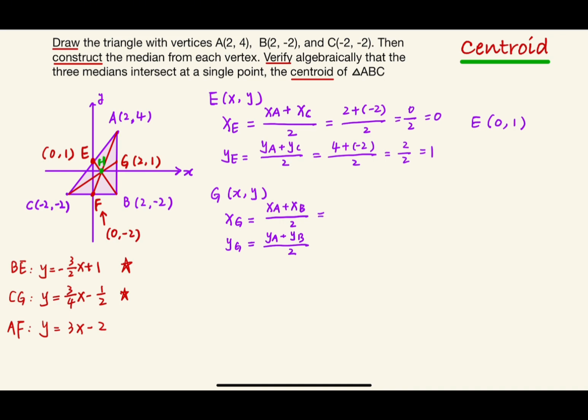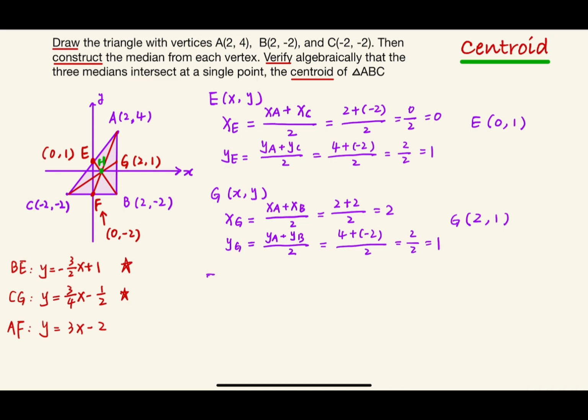Then we just need to plug in the corresponding numbers. xA 2, xB 2, over 2 equals 2. yA 4, yB negative 2, over 2 equals 2 over 2 equals 1. So this point G should be (2, 1). That is to say, this point is here.